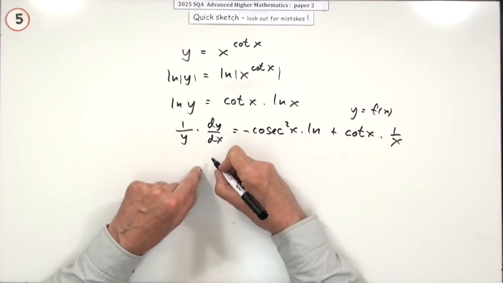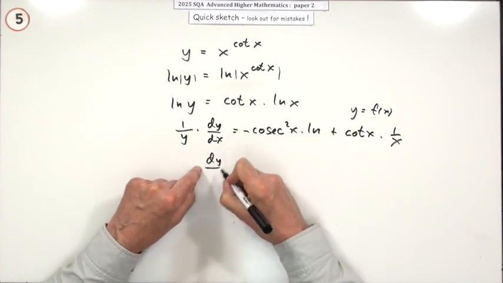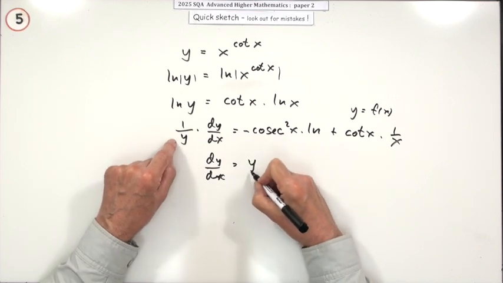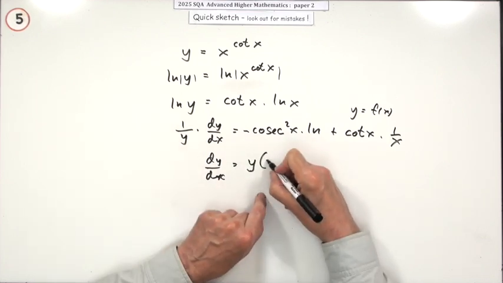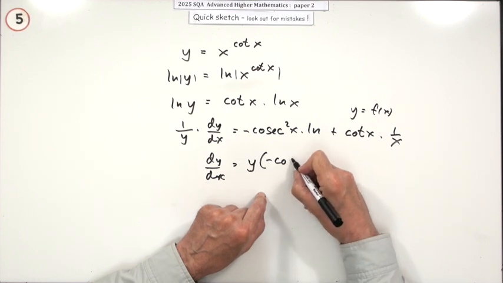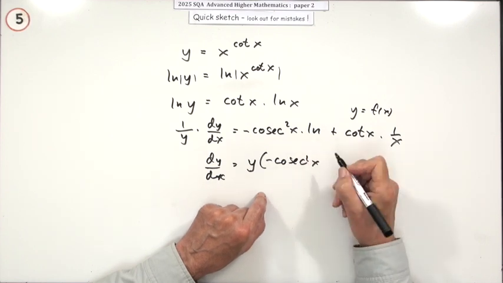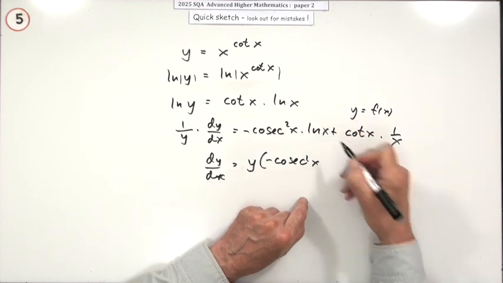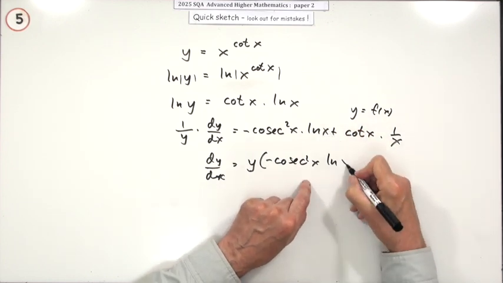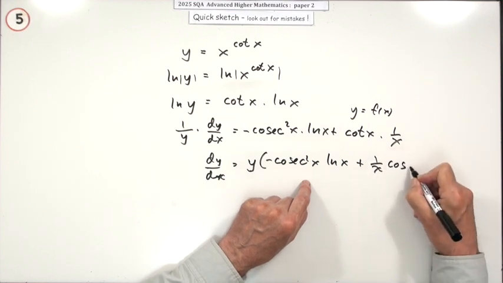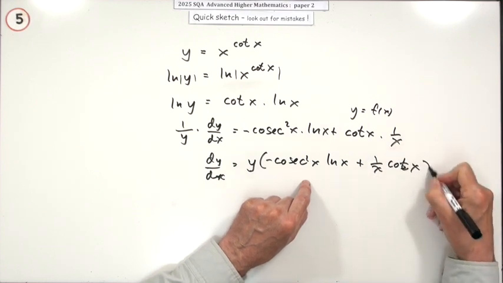Next part. So if you want dy by dx, we'll just take this y across and multiply. So it'll be y multiplying negative cosec squared x times ln x, plus, let's put it that way, 1 over x cot x.